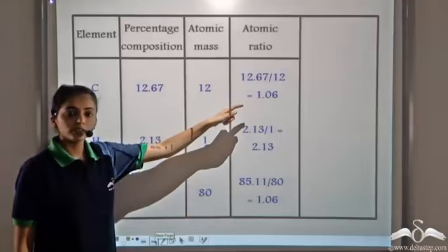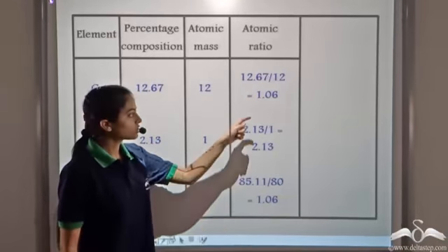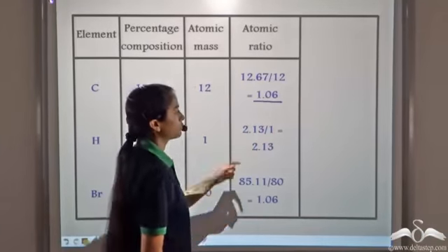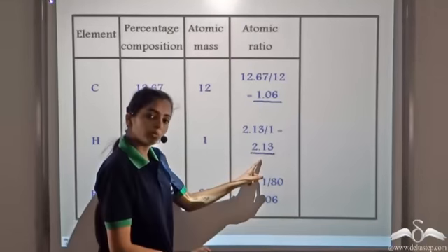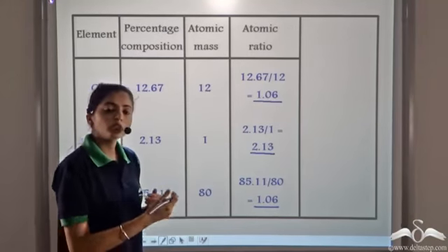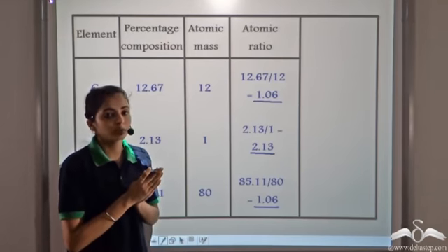So now we get the atomic ratio of the three elements present in the compound. So these are the three atomic ratios. The atomic ratio of carbon is 1.06, hydrogen is 2.13 and for bromine it is 1.06. Now when we are looking at the atomic ratio, we want the simple whole number ratio.